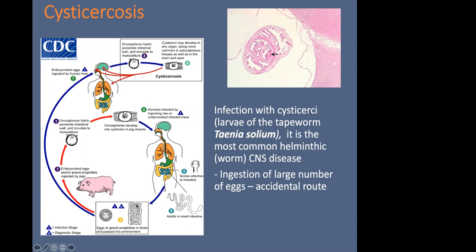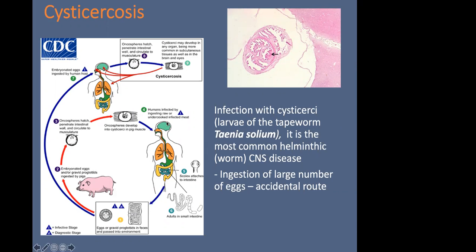However, in an accidental route, when we happen to ingest a large bolus of the larvae or the eggs of Taenia solium, the larvae hatch in the GI system, gain access into the blood, go to different systems of the body, including the brain, and produce cysts. That's not the normal cycle of the organism, though. It's an accidental cycle.